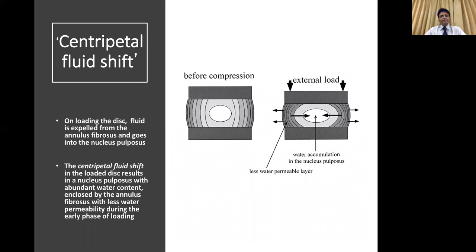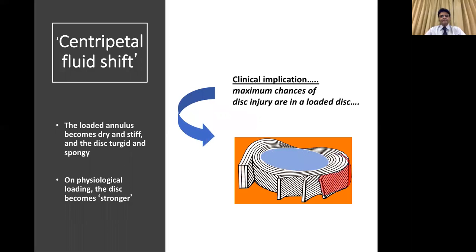On loading, fluid is expelled from the annulus and goes into the nucleus. The centripetal fluid shift in the loaded disc results in the nucleus pulposus, which has abundant water content, causing permeability during the early phase of loading, and there is a push outward. There's a maximum chance of disc injury when the annulus is vertically loaded.